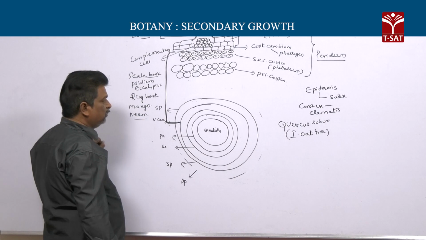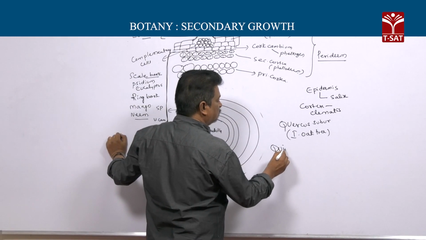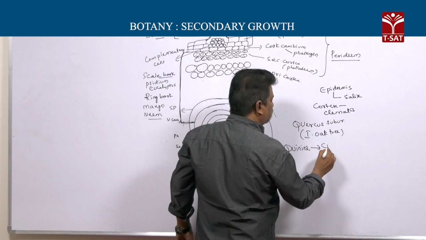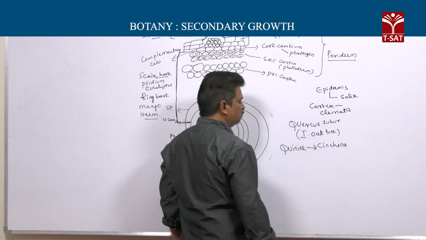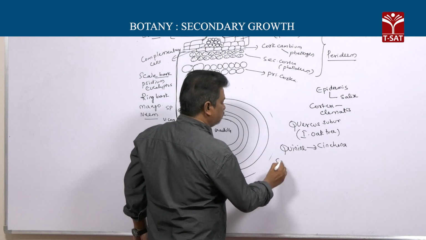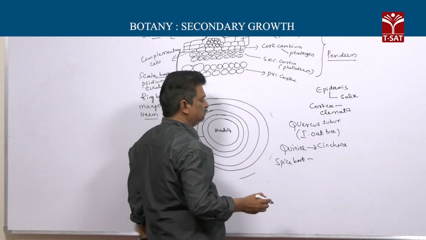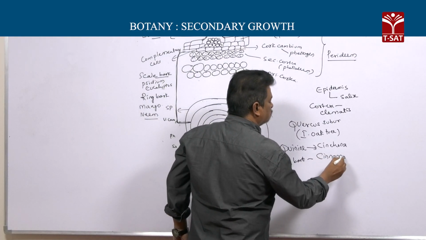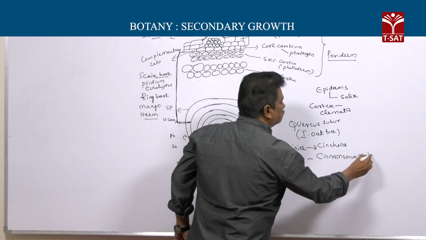Then quinine alkaloid is obtained from the bark of cinchona, used to cure malaria. Then the spicy bark is from Cinnamomum zeylanicum.